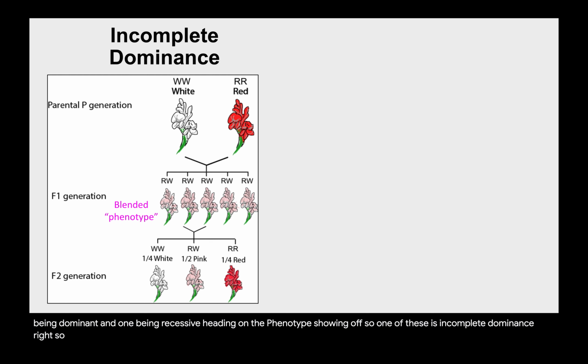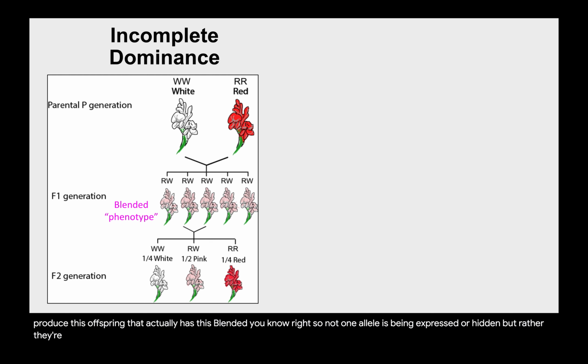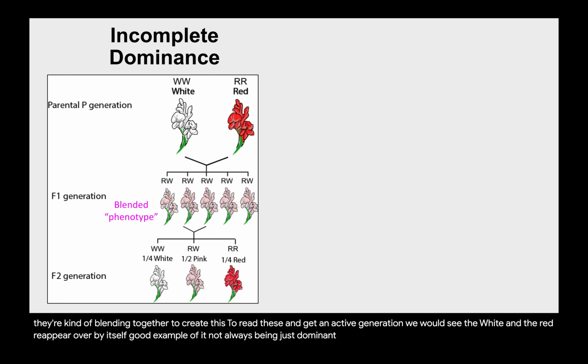When we have this parental generation, a white flower and a red flower, when they mate together, they produce offspring that has a blended phenotype. Not one allele is being expressed or hidden, but rather they blend together to create this pink color. But if we were to breed these and get an F2 generation, we would see the white and the red reappear over time. So that's a good example of it not always being just dominant or just recessive.